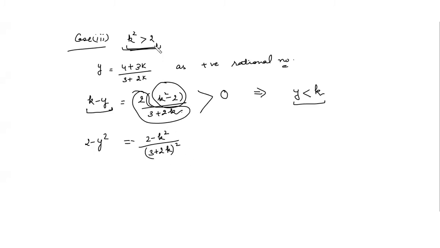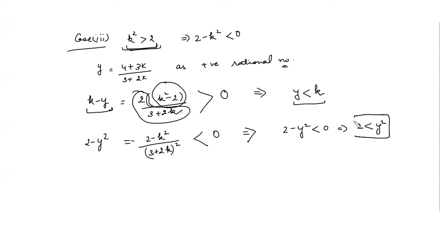Denominator is positive, and 2 minus k square is strictly less than 0. So this is less than 0. Now this implies 2 minus y square is less than 0, which implies 2 is less than y square. So y square is greater than 2.